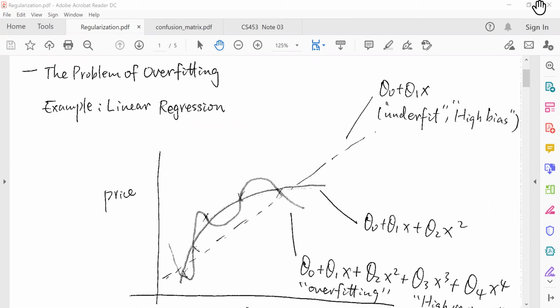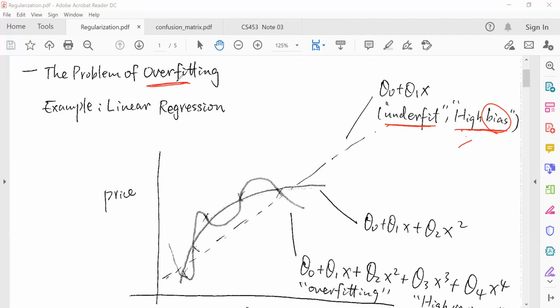Previously, I don't know if you still remember, we discussed the concept of underfit and overfit. Normally underfit is caused by high bias. What does bias mean?